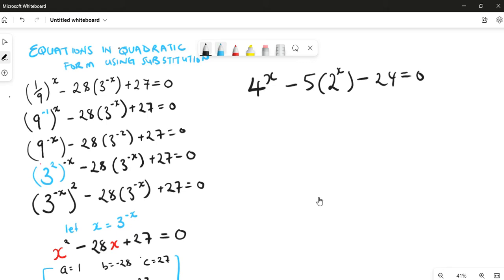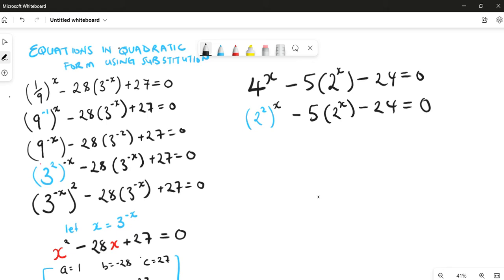Remember, 4 is the same as 2 to the power 2. So we have 2 to the power 2, the power x minus 5 times 2 to the power x minus 24 equals 0.